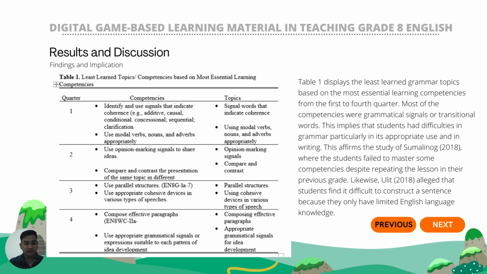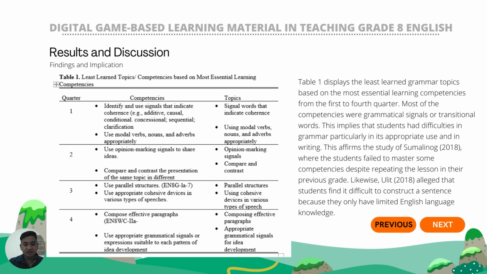Let's have the results and discussion for each research objective. The first one is the result on least learned topics, competencies based on most essential learning competencies. Table 1 displays the least learned grammar topics based on the most essential learning competencies from first to fourth quarter. Most of the competencies were grammatical signals, transitional words.